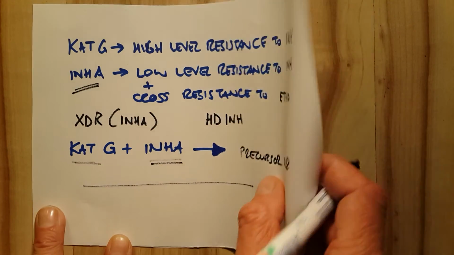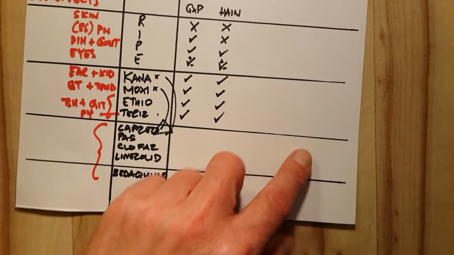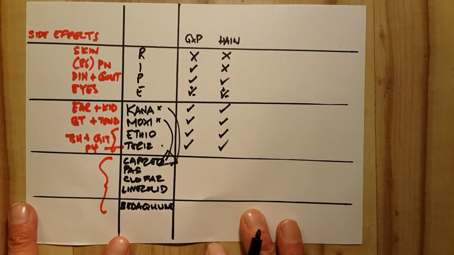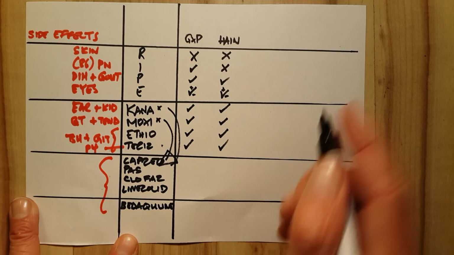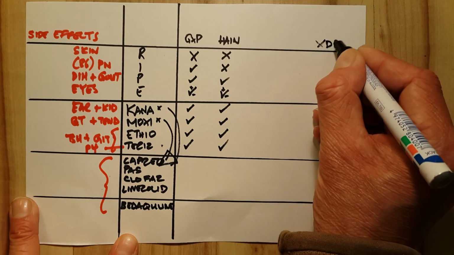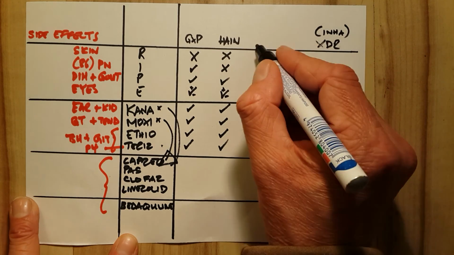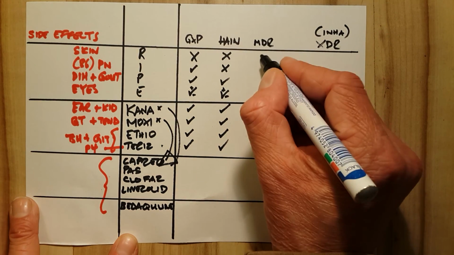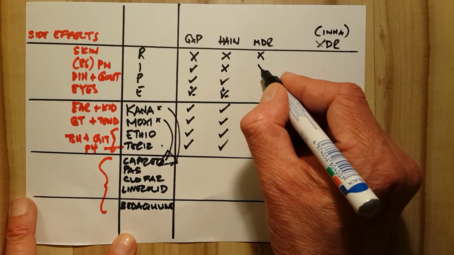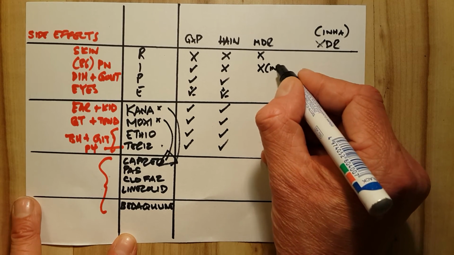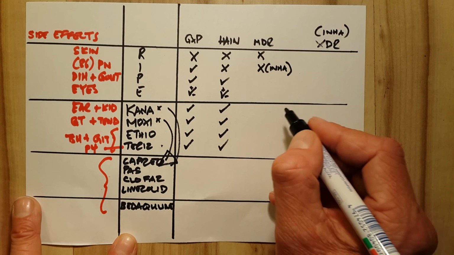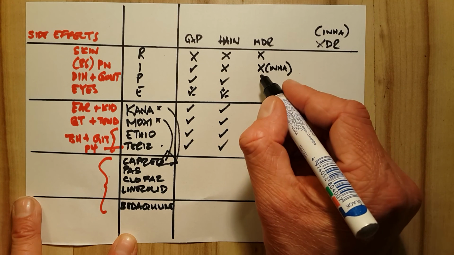Let me show you again in the regime builder. Again, if we think that in XDR patients there is a predominance of InhA, let me show you something. Let's say we have an MDR case with RIF resistance and INH resistance, but it's only an InhA mutation.